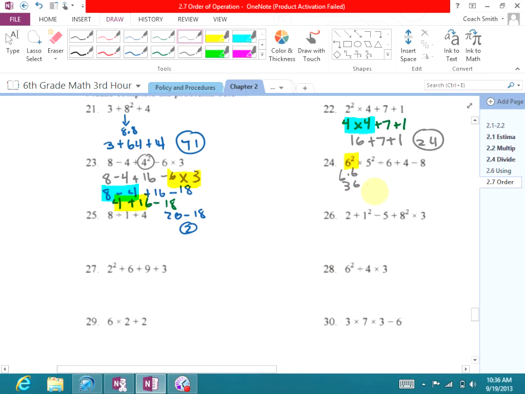So now I have 36 times 5 to the second divided by 6 plus 4 minus 8. So what's next? Yeah, 5 to the second is next. What is 5 to the second? 5 to the second means 5 times 5, which is 25.